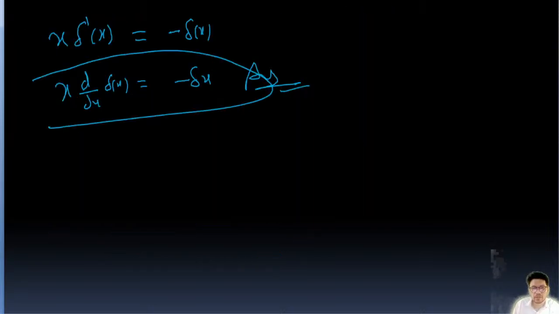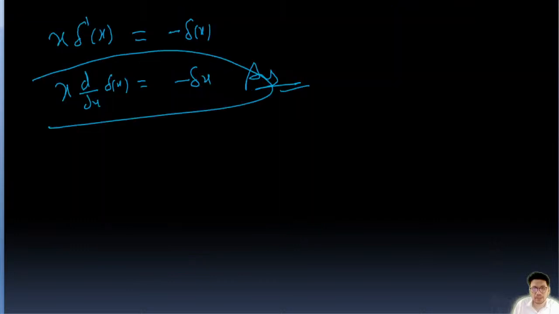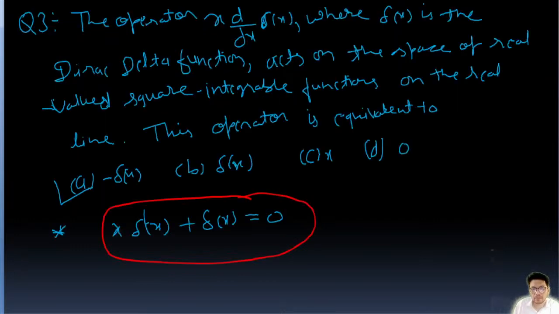So this is just a simple property, and you should know this one: x delta prime(x) plus delta(x) is equal to 0. It's a Dirac delta property, and from here we can get this. Simple, right?